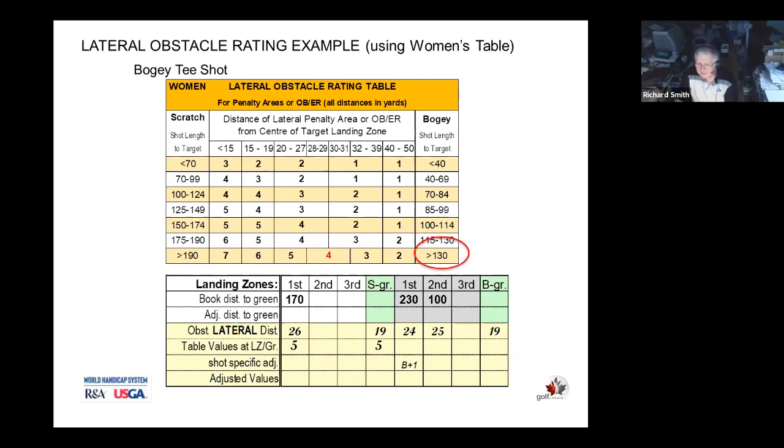Then we'll do the same thing for bogey. The full tee shot gets a 5. That goes in there. Notice now we've got that B+1 shot specific adjustment on this shot. So there is an adjusted table value at this landing. It's now 6.